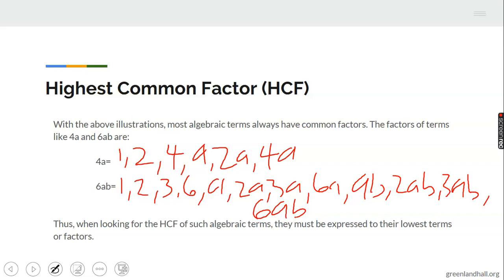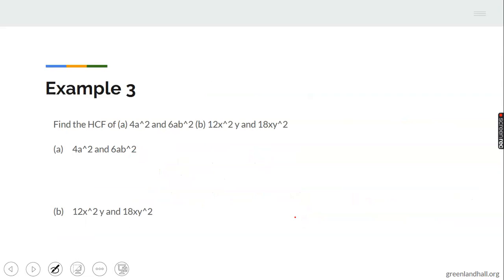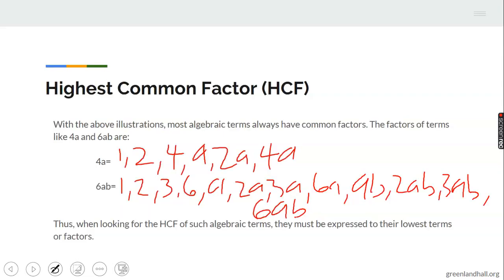Are you okay? Now, we will look at the common factors. Which one is common? 1 is common, 2 is common. Then a, 2a, they are common. I think that's all. So we are going to pick the highest.